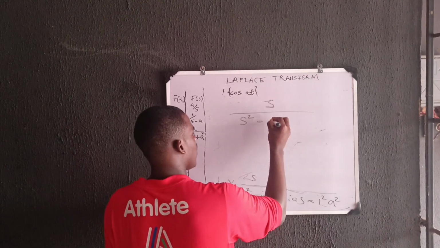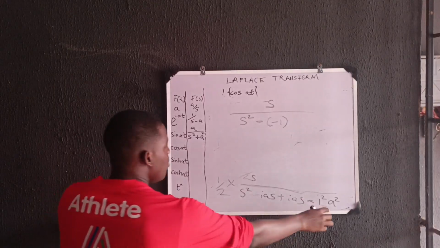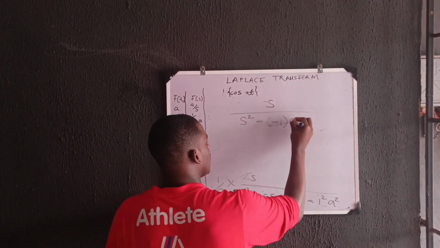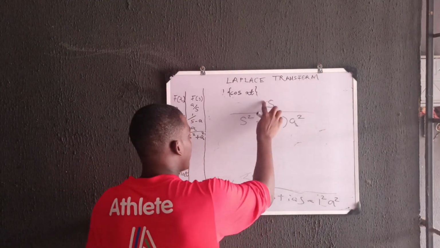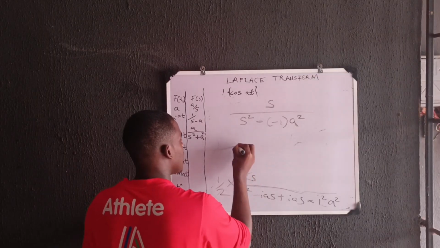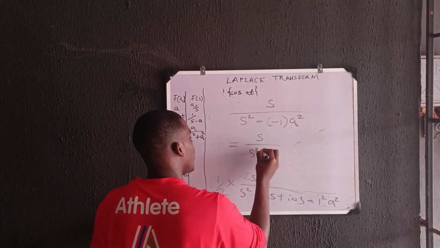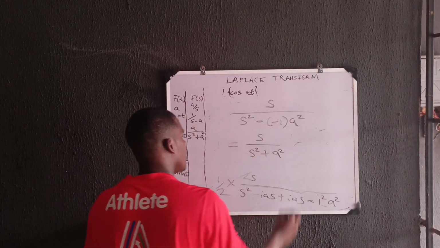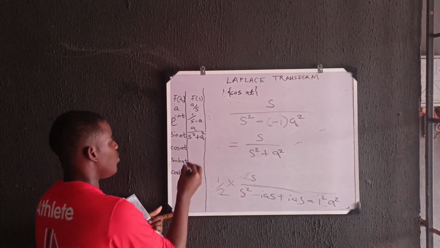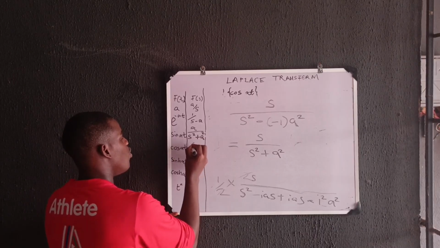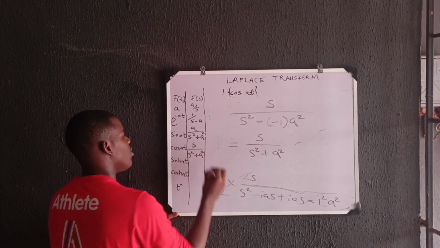So we have minus 1 multiplied by a squared, right? So what is going to be our final answer? Our final answer is S all over S squared plus a squared.